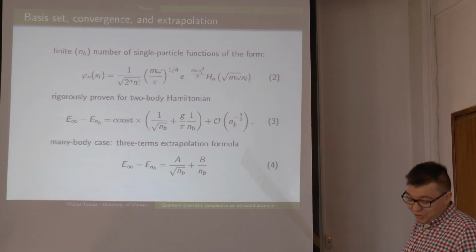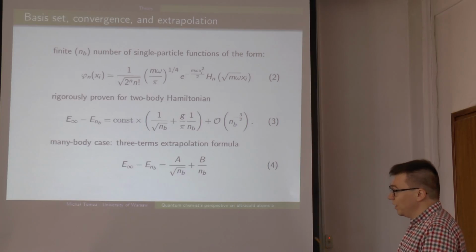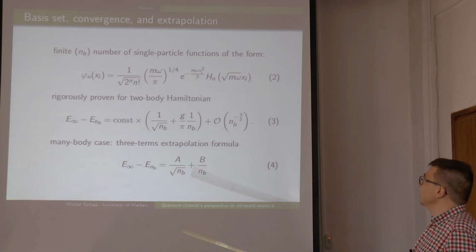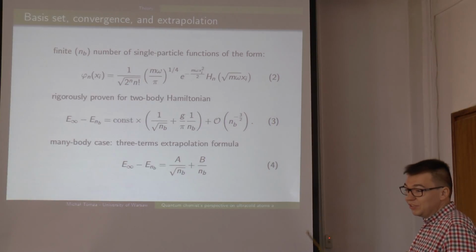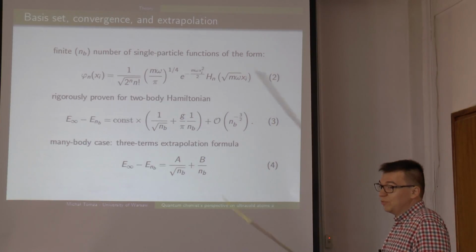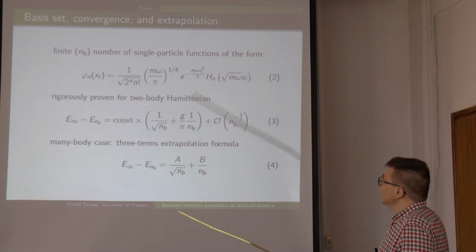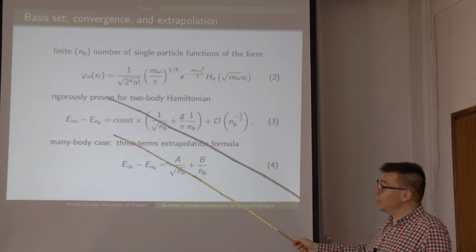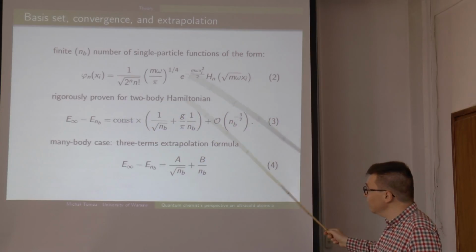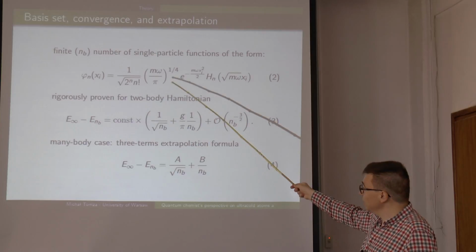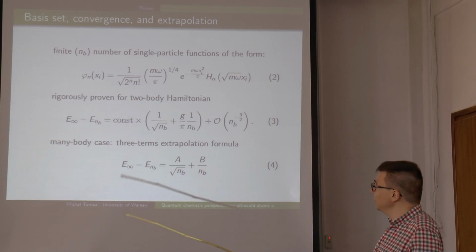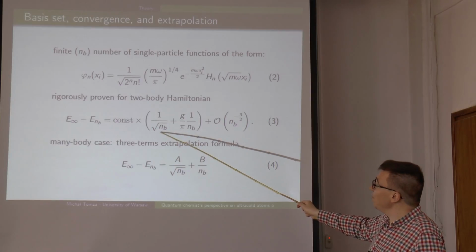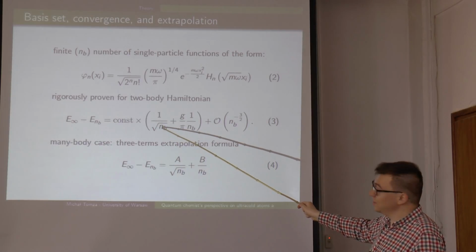Because we wanted to make a kind of toy example, we applied just a very simple single-particle function. We use harmonic oscillators because it is a 1D problem. Then we rigorously and analytically showed that for a two-body Hamiltonian, the energy in this basis set, making the exact diagonalization, converges to the exact result with the number of used one-particle basis functions.